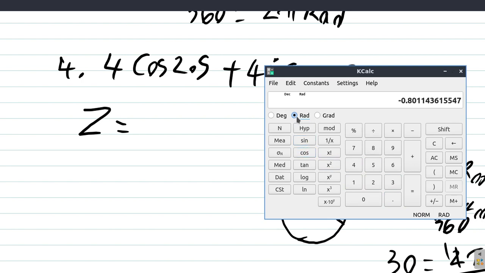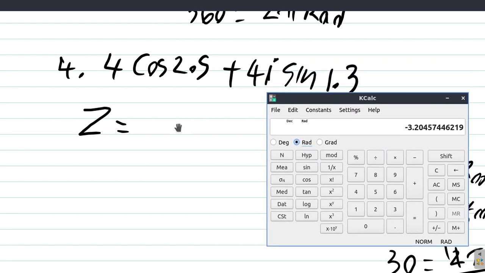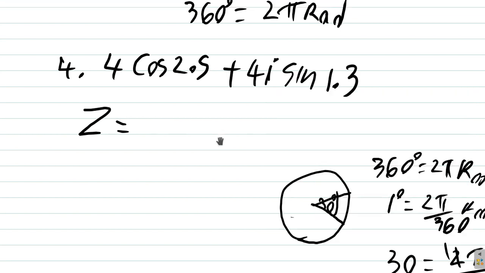That's radian. 2.5 cos equal. So I have negative 3.2. So I have Z is equal to negative 3.2 plus I.